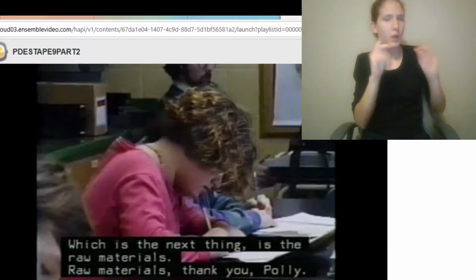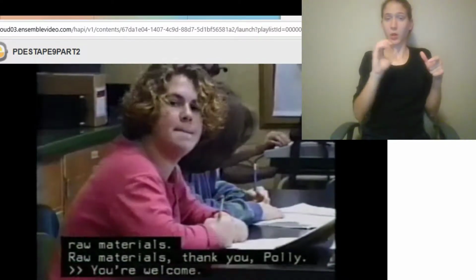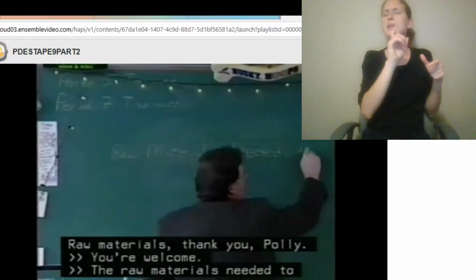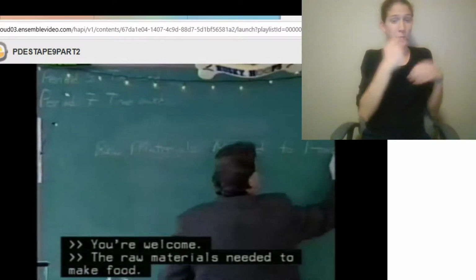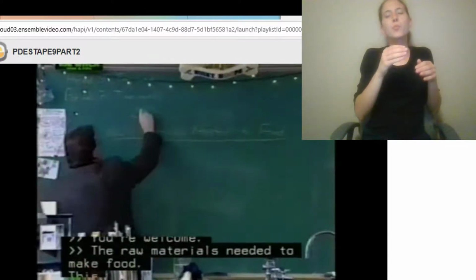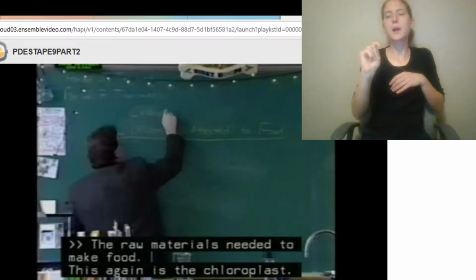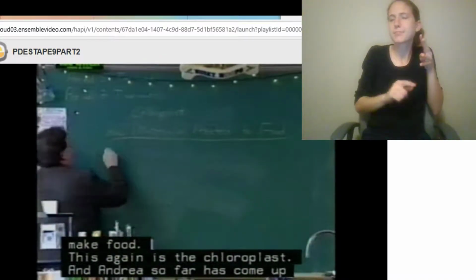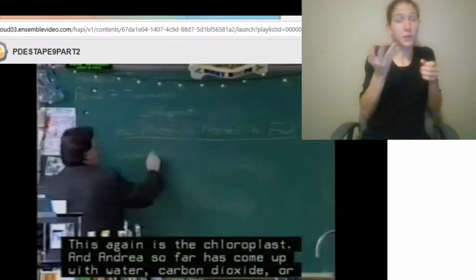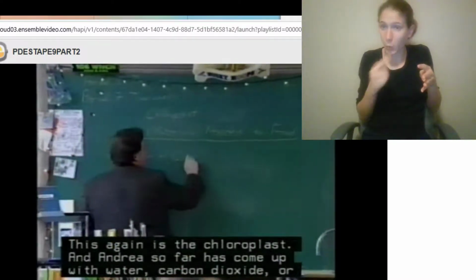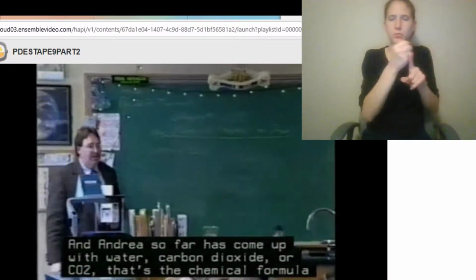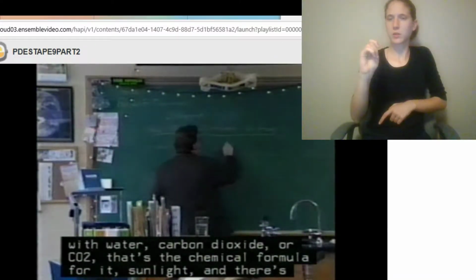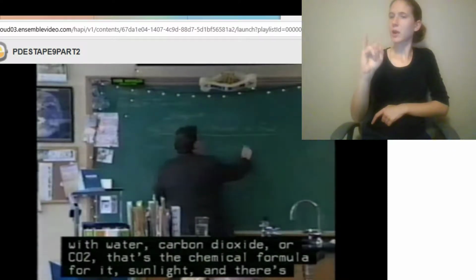Raw materials. Thanks, Holly. Raw materials needed to make food. And this again is the chloroplast. Andrea so far has come up with water, carbon dioxide, or CO2, that's the chemical formula for it, sunlight, and there's one more thing.